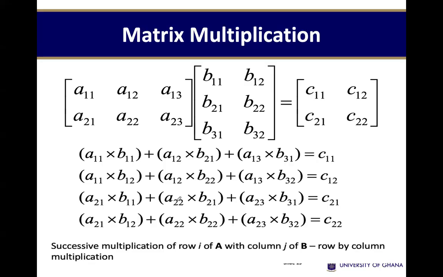Now, if you want to multiply two matrices, let's say matrix A, which we know right now is a 2 by 3, and the matrix B, which is basically a 3 by 2.